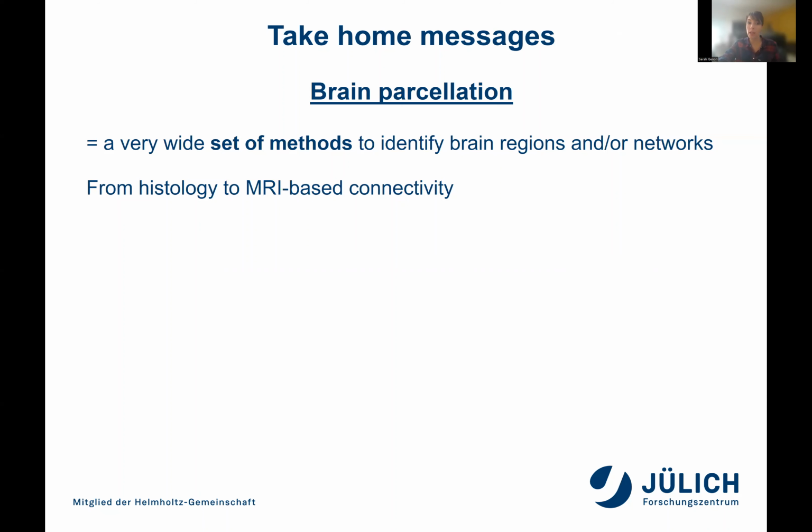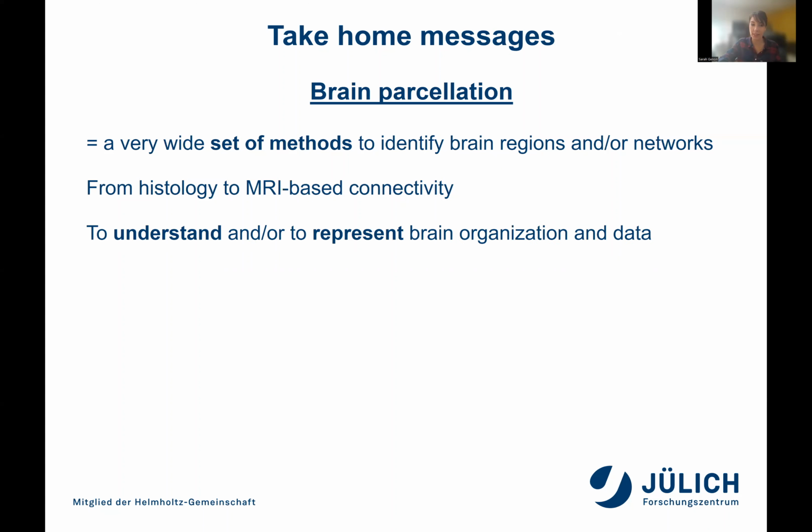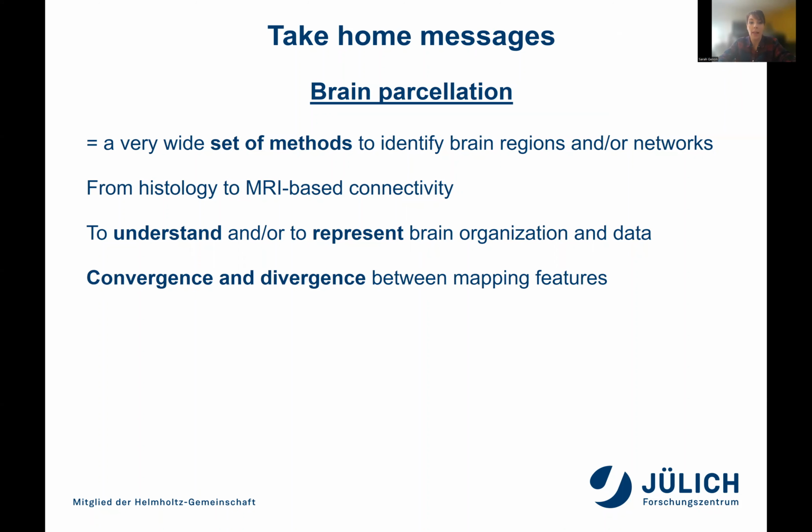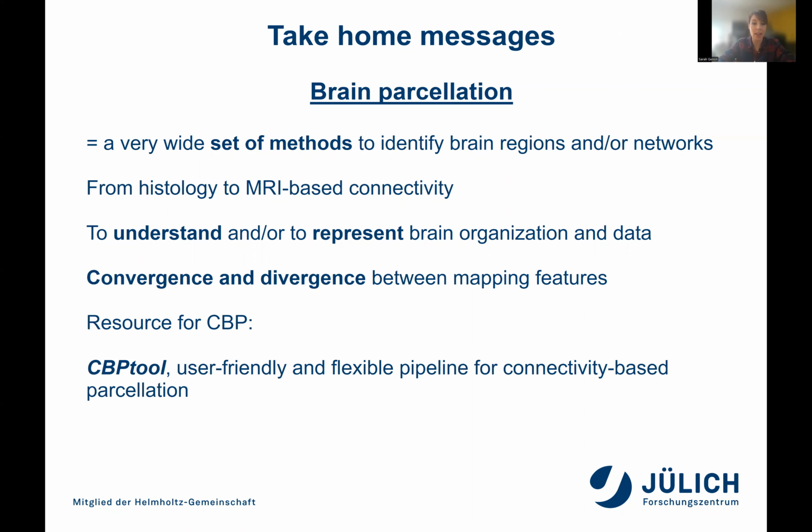It ranges from histology to MRI-based connectivity. It is used to understand and to represent brain organization and data, so to derive maps that you can then use for compressing your data. There are convergences, but also importantly, divergences between mapping features. And I hope from this talk you have understood the neurobiological relevance of these divergences.